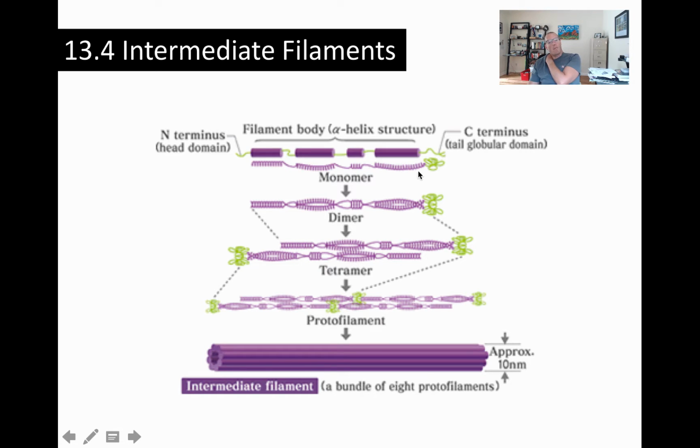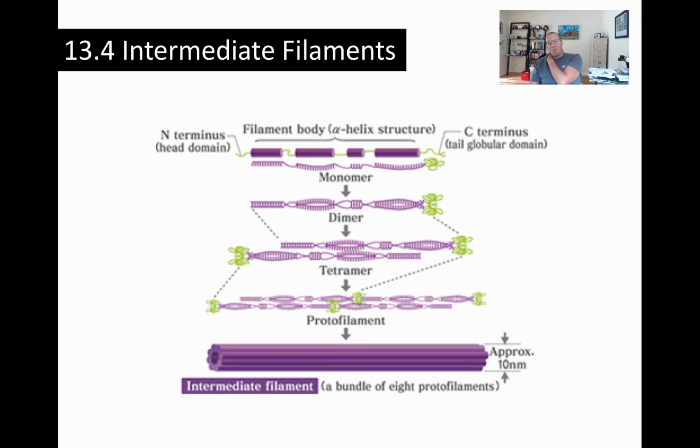So here we have primary sequence, secondary sequence, no tertiary sequence, but in the mature form we do have quaternary sequence. Given the structure that you see here, hopefully you can appreciate how intermediate filaments probably play a significant role in generating the ability to bear tension, so they are tension-bearing structures.